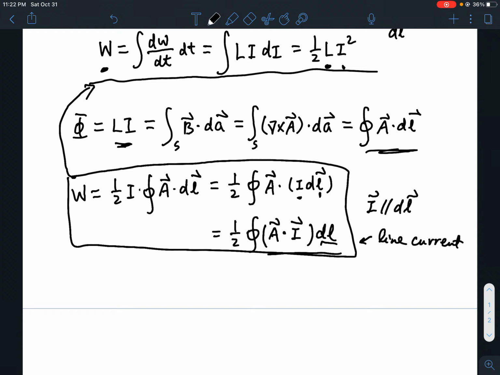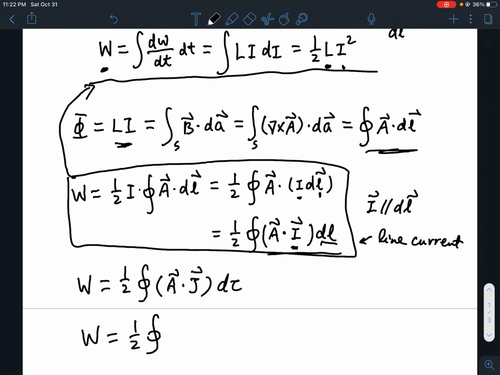Now, if it's a volume current, we just replace this I with J, the volume current, and we integrate over all the volume. If it's a surface current, we can also just write it down as sigma, A dot sigma.